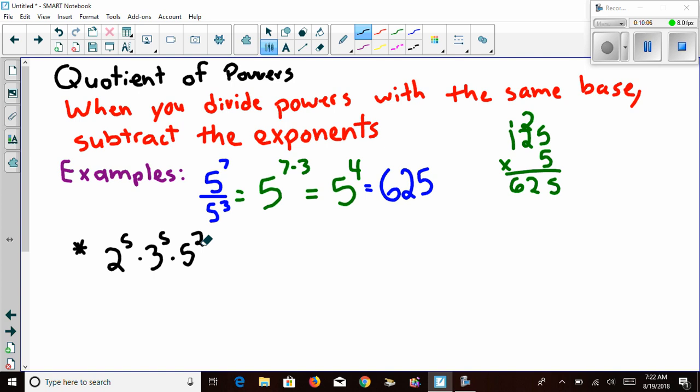So the numerator, or the first part of my division, is 2 to the 5th times 3 to the 5th times 5 squared. And that is being divided by 2 squared times 3 to the 4th times 5.